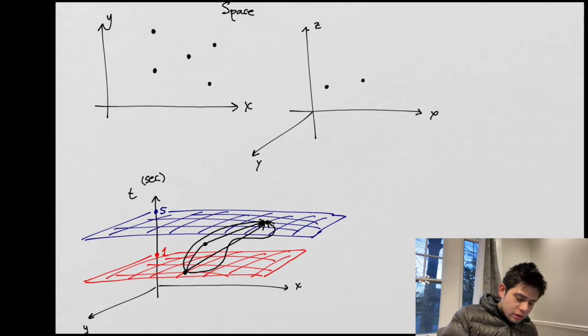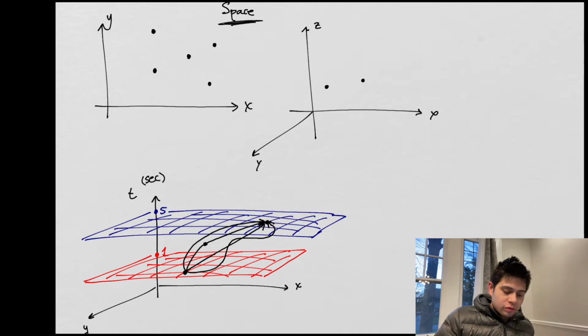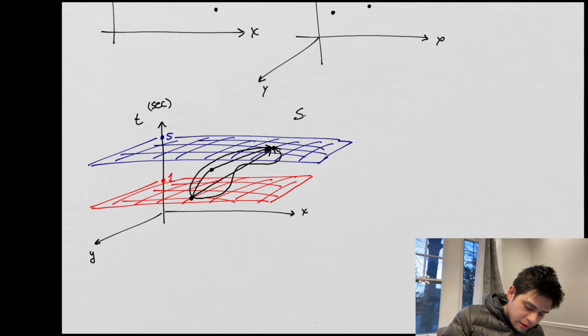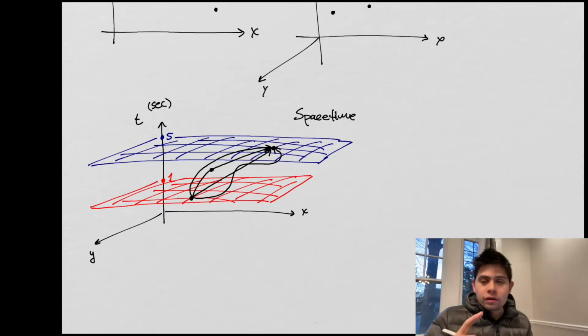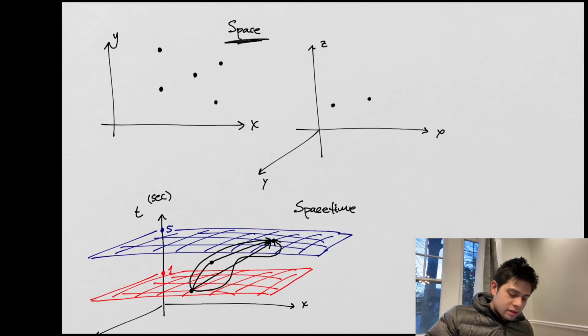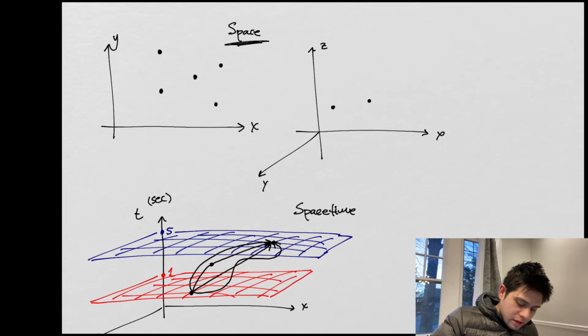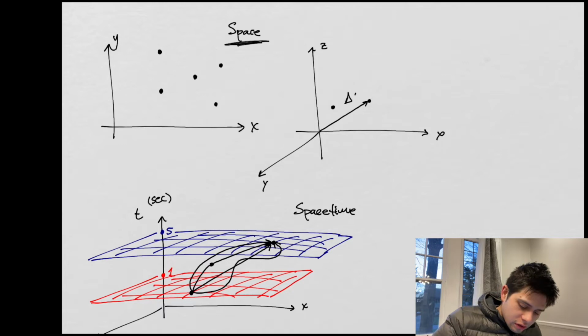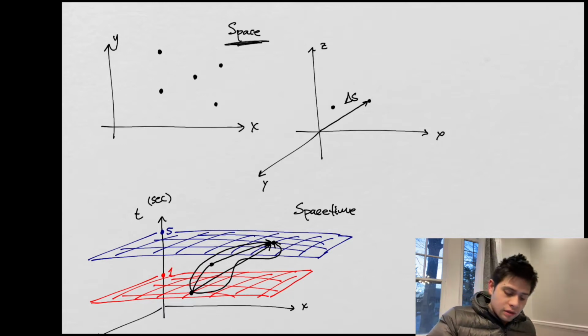So these guys here are examples of depictions of space, or representations of space. This is what we're calling space-time. Now, here's the thing. In space, we can understand the notion of distance through the Pythagorean formula. So say this is our ds, our distance.